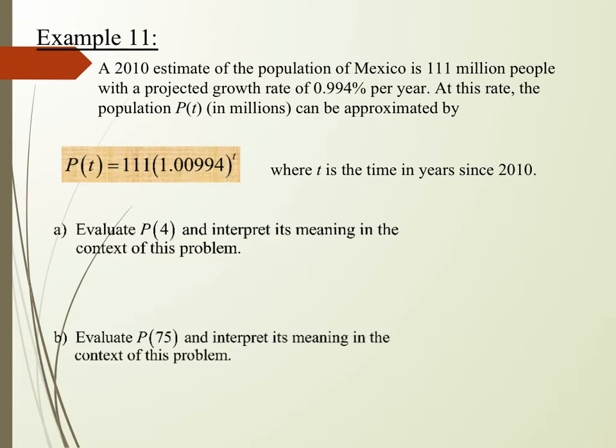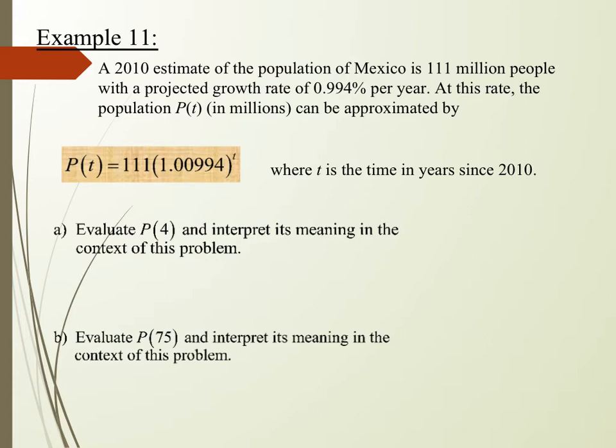In our last example, a 2010 estimate of the population of Mexico is 111 million people with a projected growth rate of 0.994% per year.